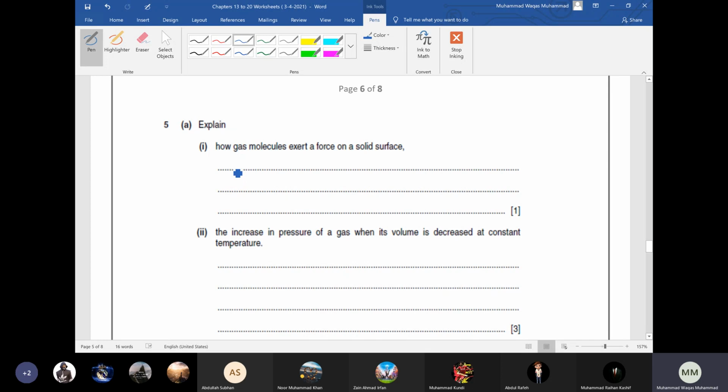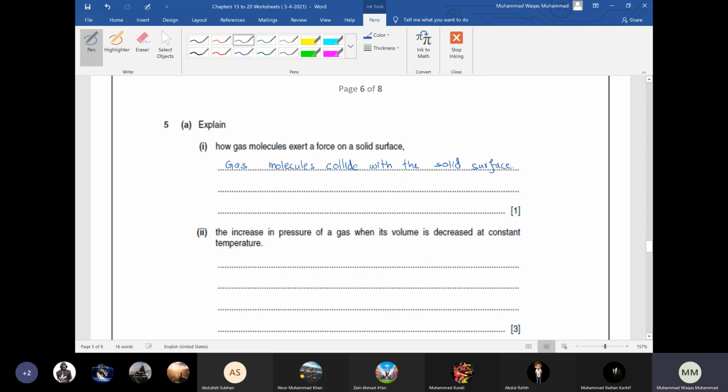So beta, gas molecules collide with the solid surface.